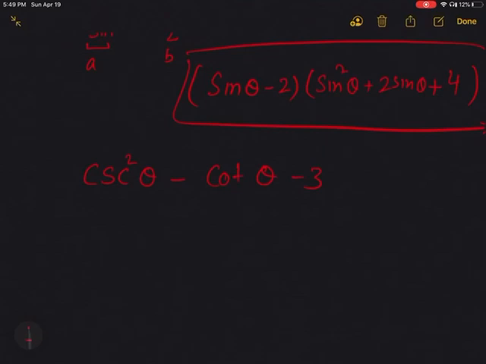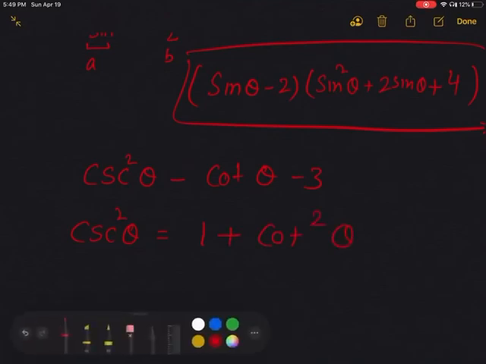Now try recalling Pythagorean identities. See if you can replace cosecant in terms of cotangent. If you go back to those identities in three different ways, look at the last column, and you'll find that identity. As per that identity, I know cosecant squared theta is equal to 1 plus cotangent squared theta, which I would replace in the first expression.